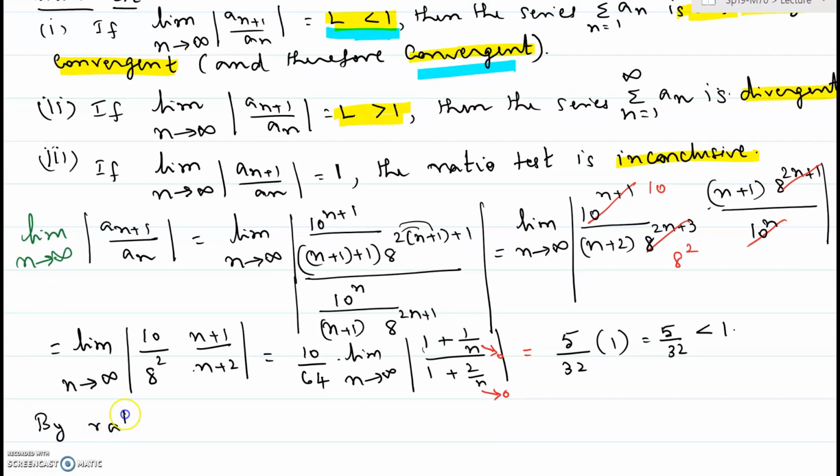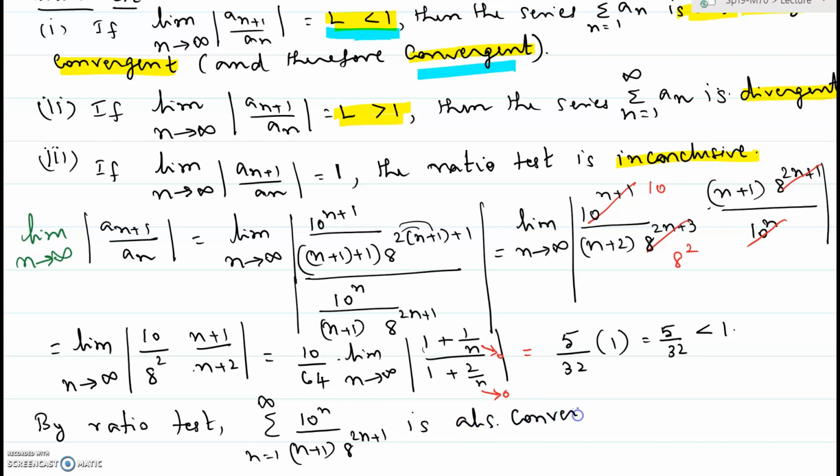So by the ratio test, we conclude that the given series, sigma a sub n, which is 10 to the power n over (n plus 1) times 8 to the power 2n plus 1, is absolutely convergent, but absolute convergence would imply convergence.